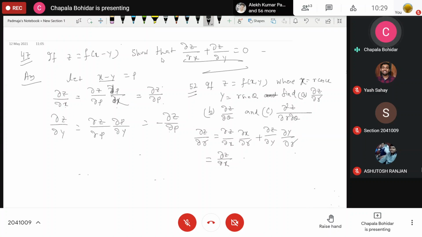Del x by del r, with x equal to r cos theta, is cos theta. Del y by del r is sin theta.